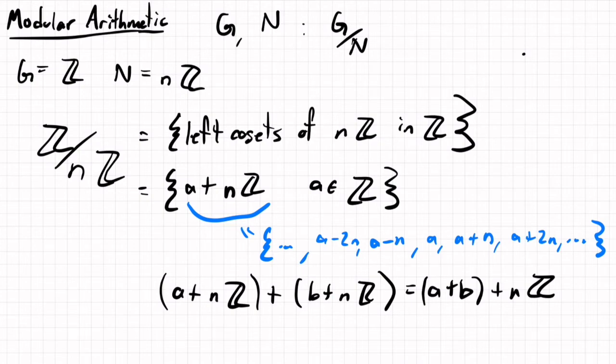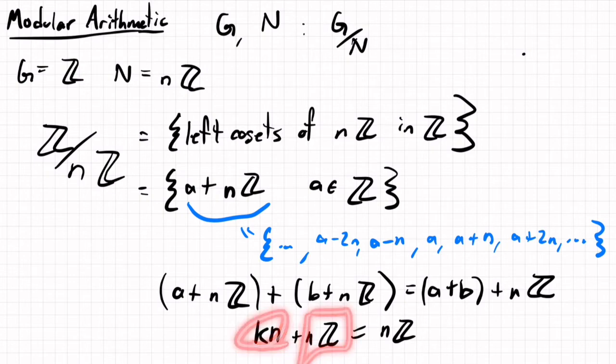And of course, we can also see that n plus nZ, or more generally kn plus nZ, will just be nZ, because kn is in the subgroup nZ.